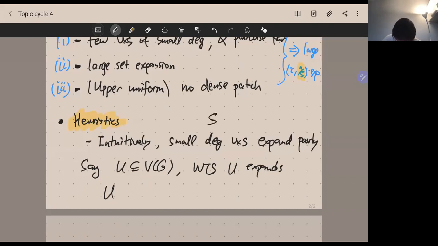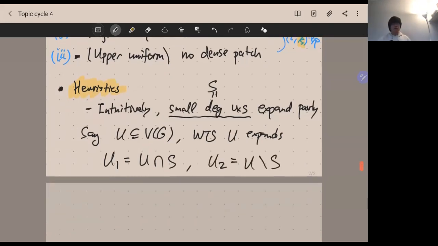So let me call S the set of small degree vertices, without defining explicitly what I mean by small degree, just some bound. When your degree falls below this bound, you are a small degree vertex. Then I define U1 to be U intersect S, the small degree vertices in U, and the remaining I call U2.